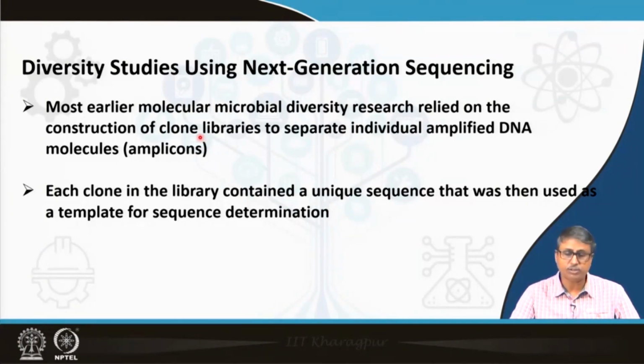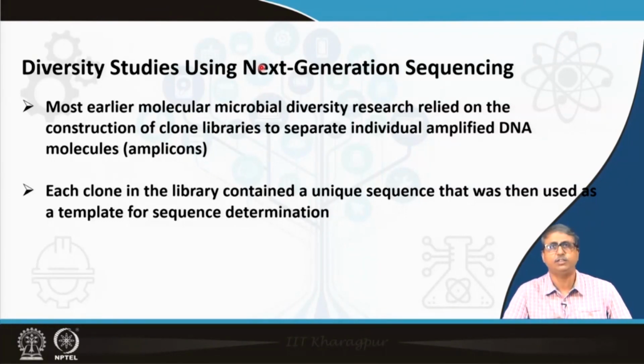The term next generation is used only to indicate that they are of an advanced generation. It is only the chemistry, the process by which we get the sequence, the quality of the sequence, and many other parameters. I will discuss why it is called next generation sequencing, but ideally it is a sequencing method.